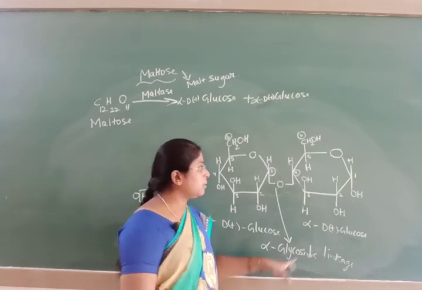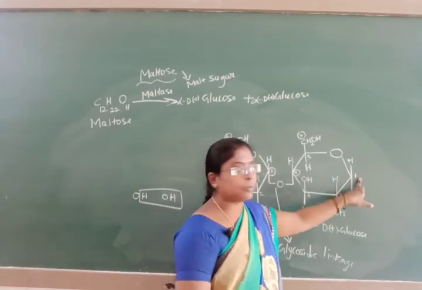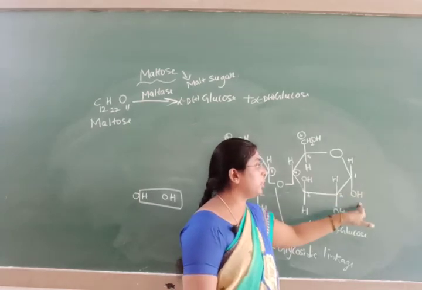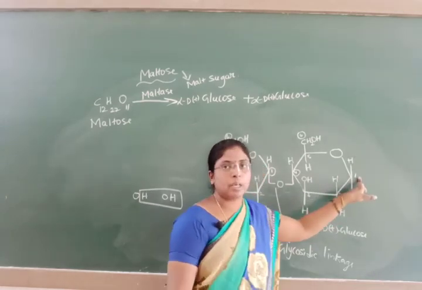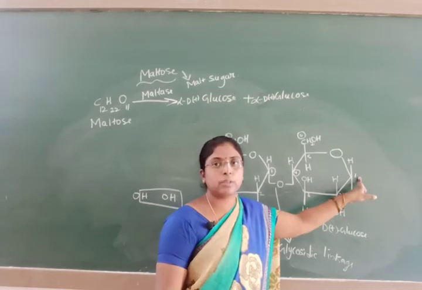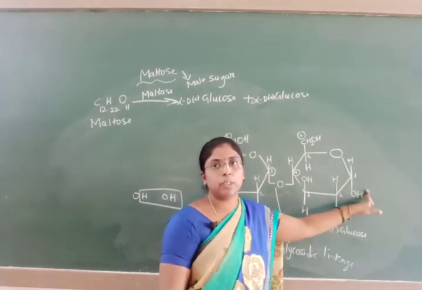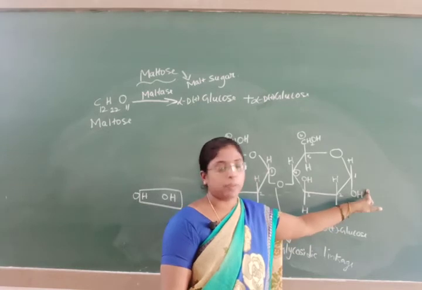If you observe the first carbon atom of one alpha glucose unit, it is in the form of CHOH. In the open chain structure, the first carbon was CHO. This CHOH will convert into CHO.